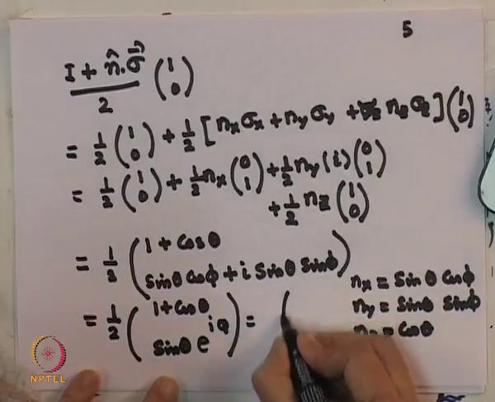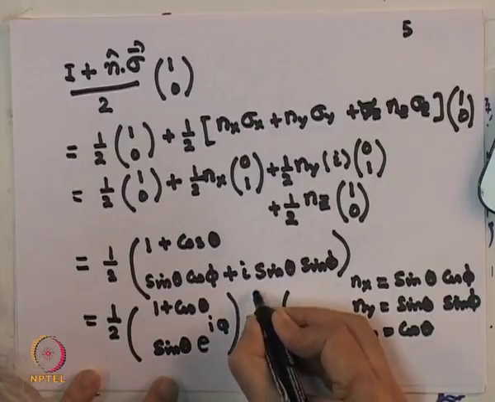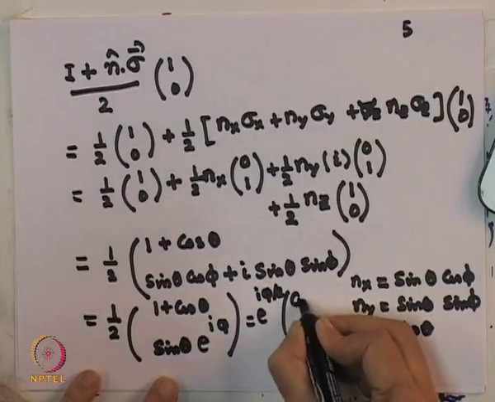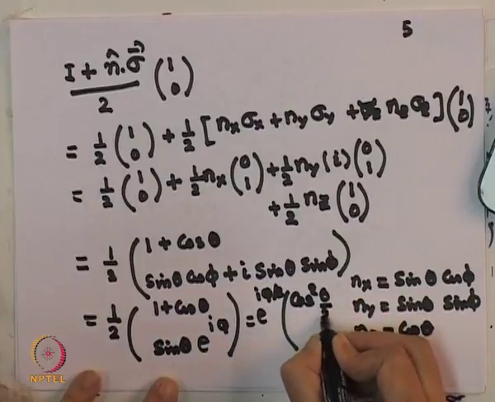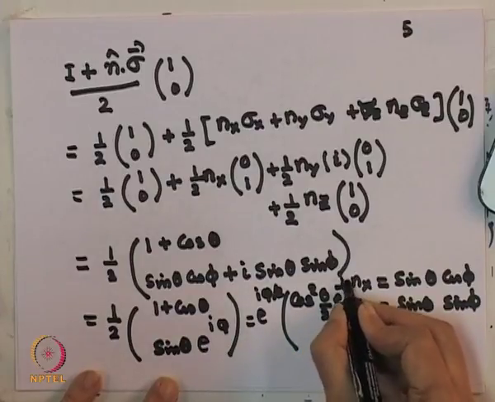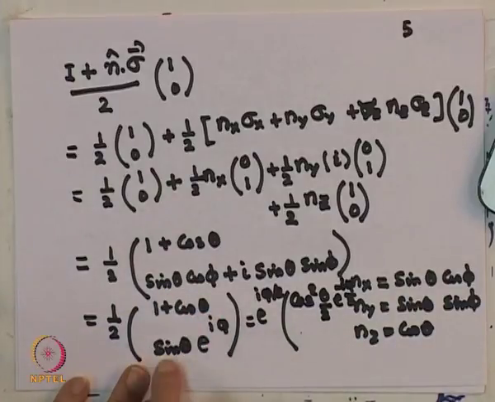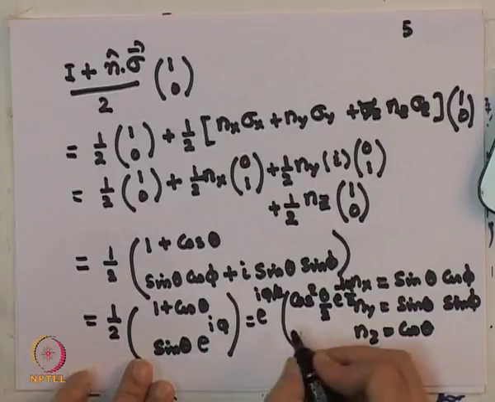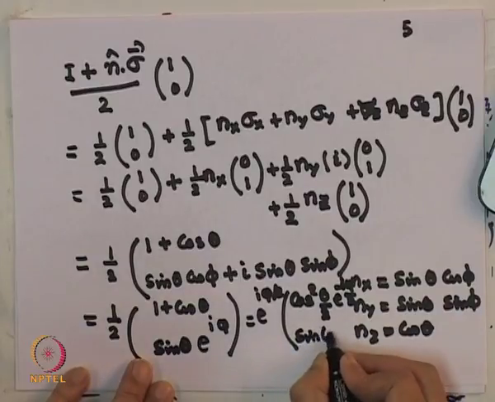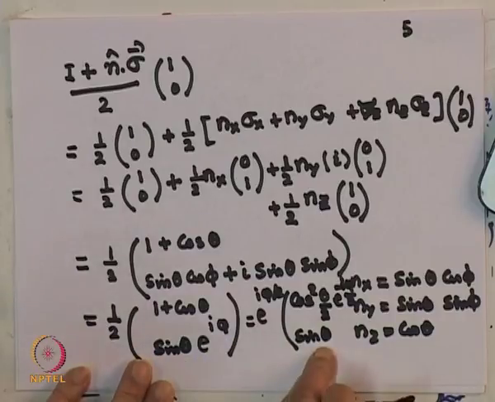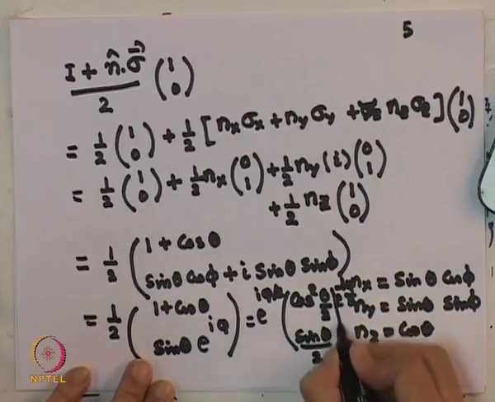So if I pull out e to the power i phi by 2, I have cos square theta by 2, e to the power minus i phi by 2, and here I have got sin theta divided by 2.